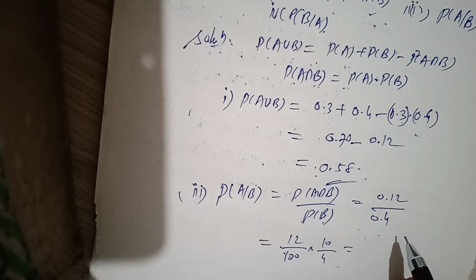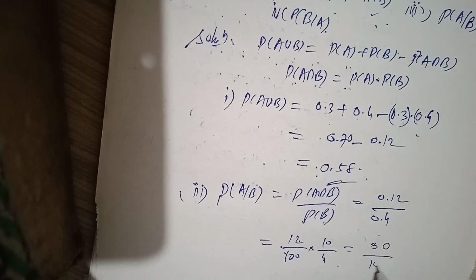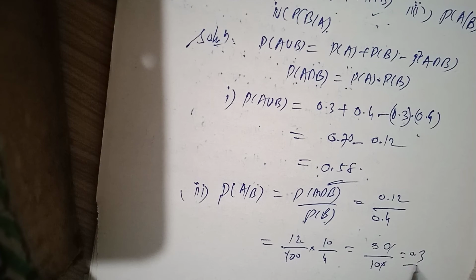Whatever is the answer, you can just write it down and easily do it. If you take it out, 120 divided by 100, it is 4 3s are 12. So 0.3. Like this you can calculate. P of A given B is 0.3.